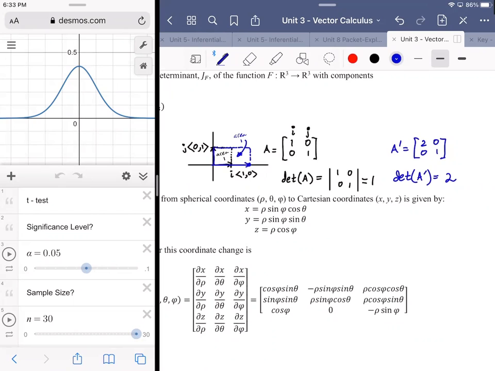So what that's giving us is a scale factor for any geometric figure in this new coordinate system based off of this transformation, right?